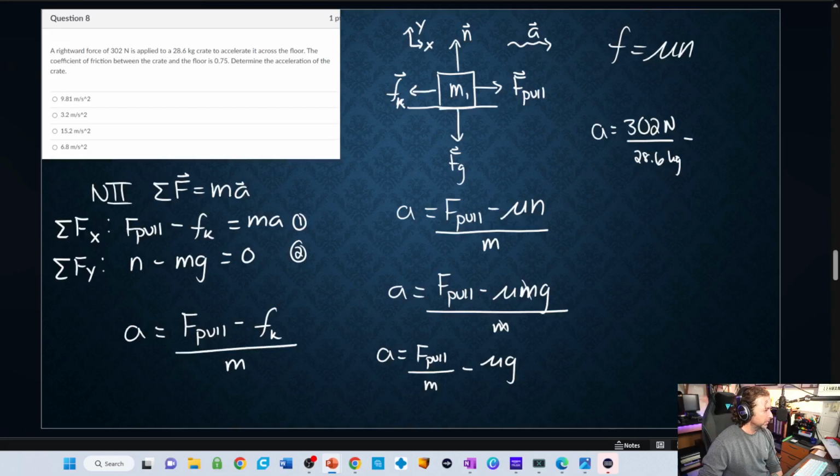So minus 0.75 as the coefficient of friction, 0.75 times g, 9.8 meters per second squared. So here we get acceleration is going to be equal to, let's see, 3.2 meters per second squared.